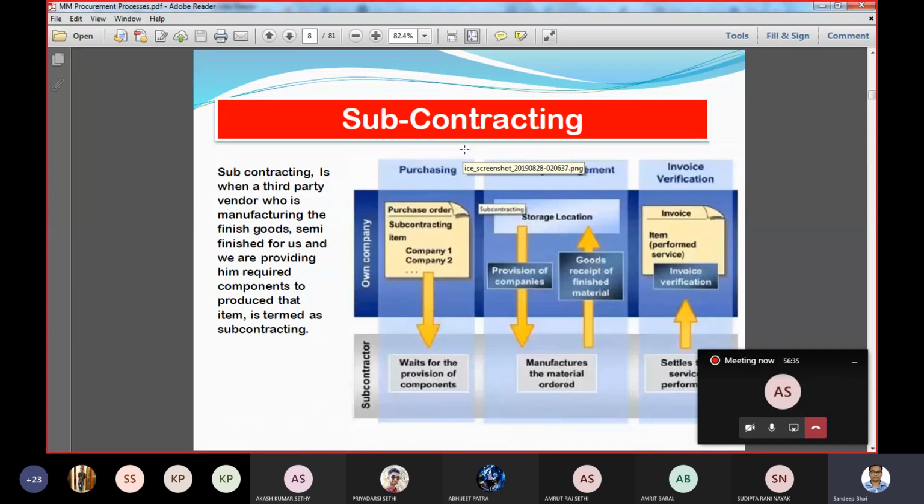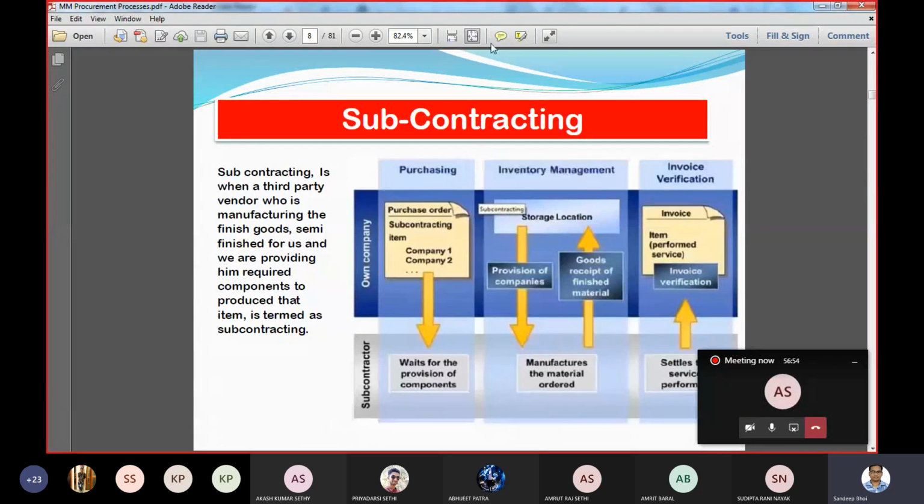After that, whatever labor charge or extra things he has done, he will give the invoice to the PWD office, and the PWD people will pay the money to the subcontractor.